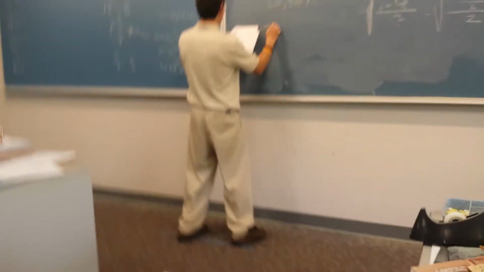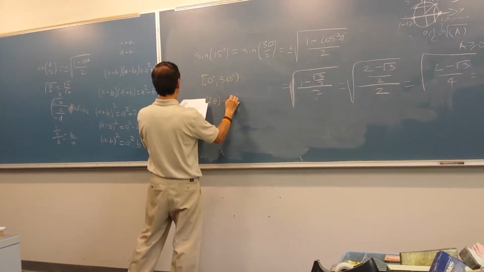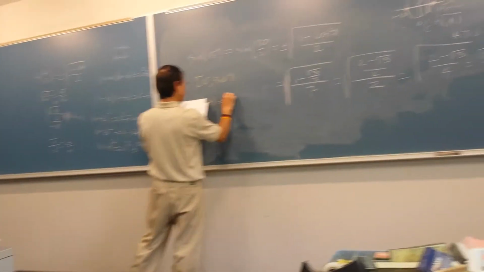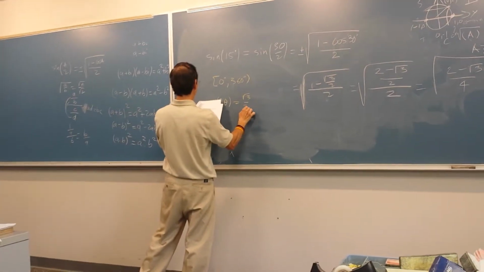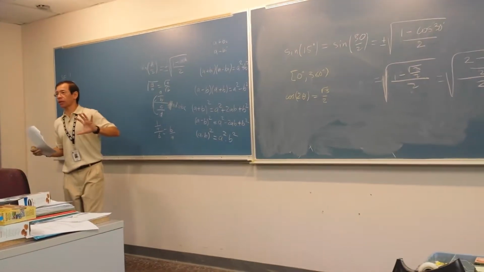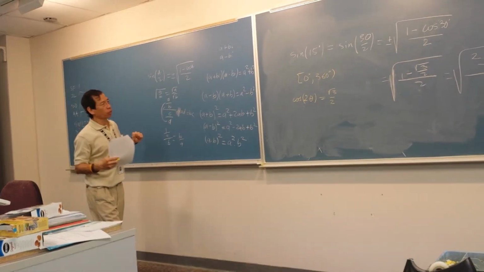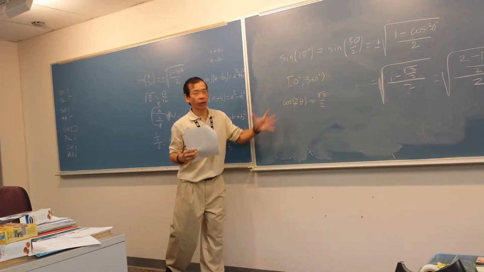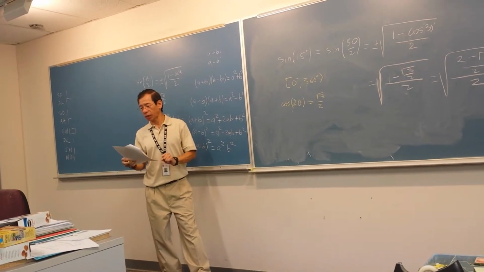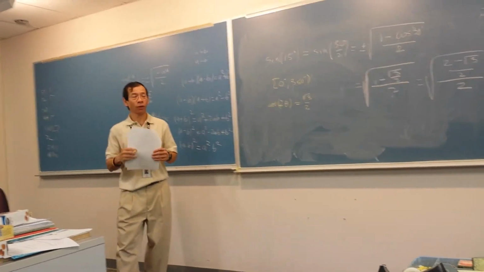The question is cosine of 2 theta equals square root of 3 over 2. We've seen this before, but let's ask how we solve this problem. First of all, what is our goal here? When they say solve the equation analytically, solve for theta.